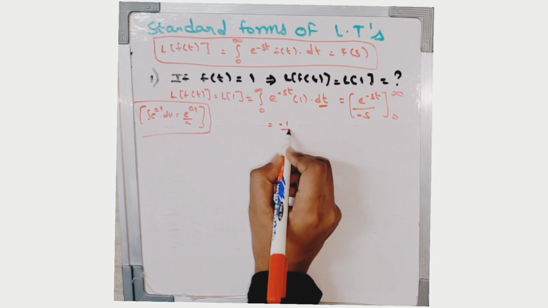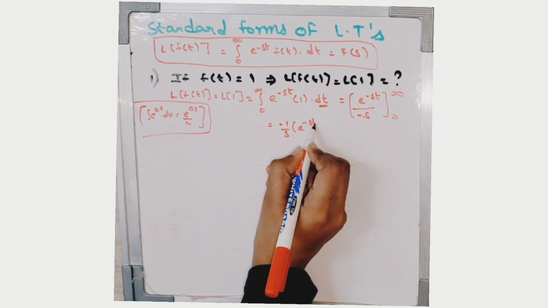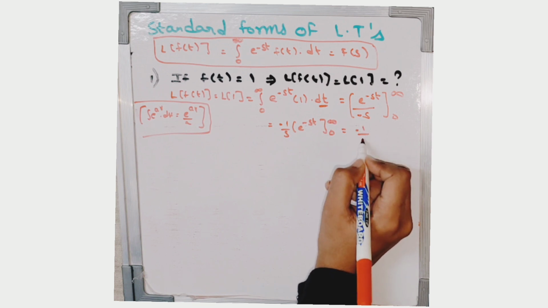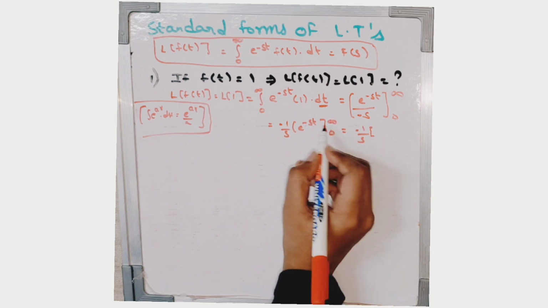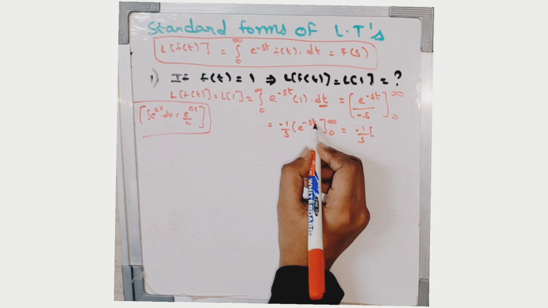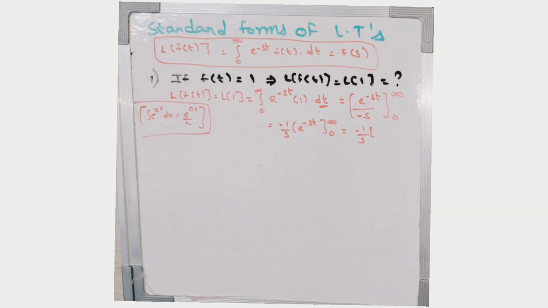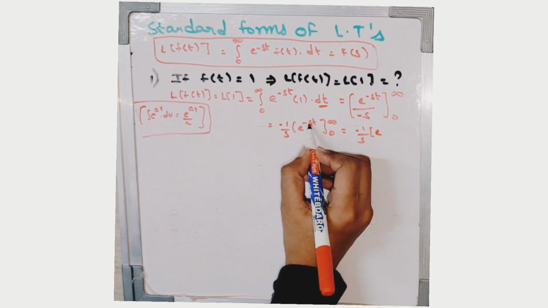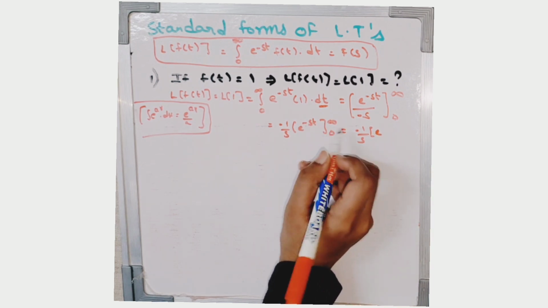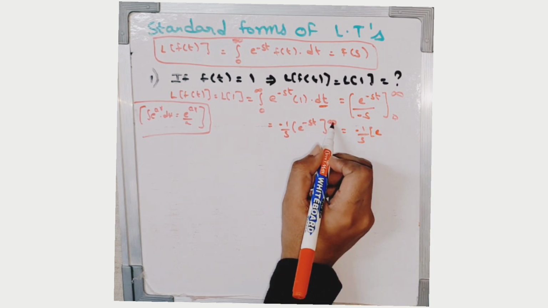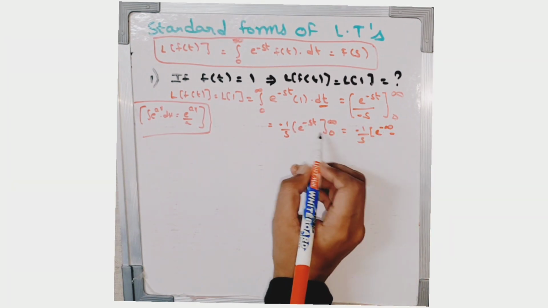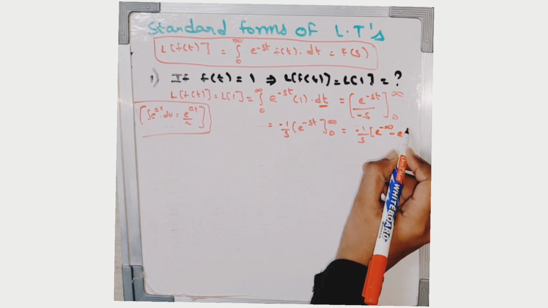So minus 1 by s into e power minus st from 0 to infinity. Substitute infinity and 0 in place of t: upper limit minus lower limit, that is e power minus infinity minus e power 0.